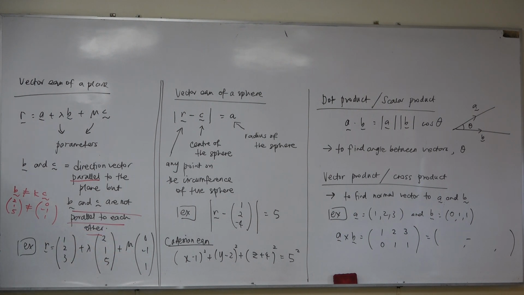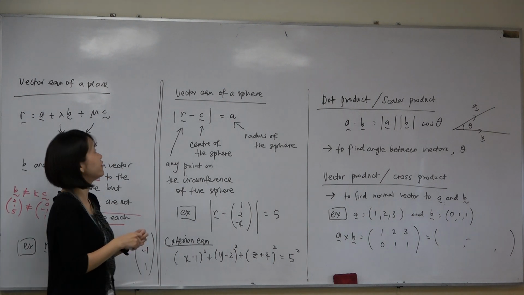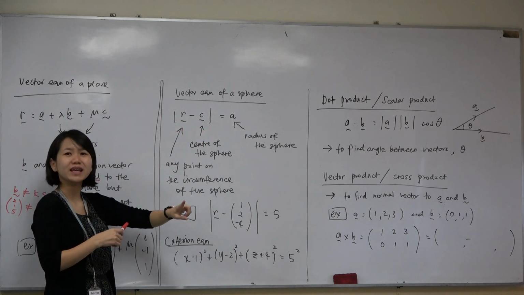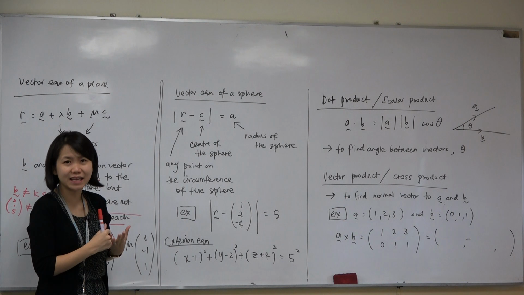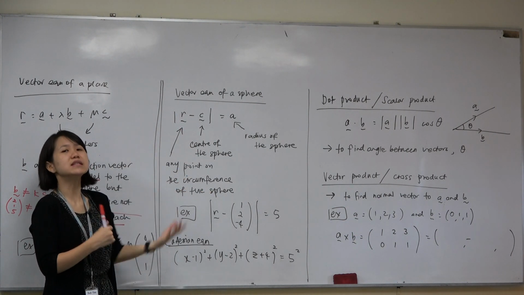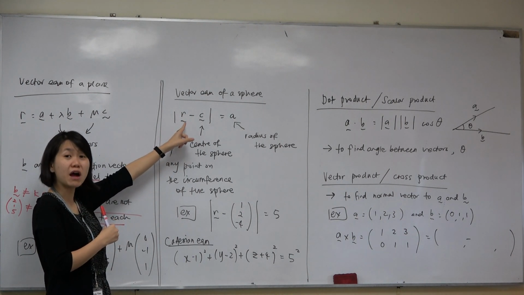It is more of the first form that we use for the vector equation of a plane. All right. So what then about the vector equation of a sphere? The vector equation of a sphere is of this form: the modulus of r minus c equals a. Let me explain the meaning of modulus of r minus c again. Modulus of r minus c simply means the distance between any point, your r, and c.